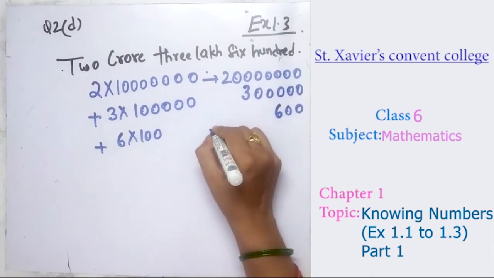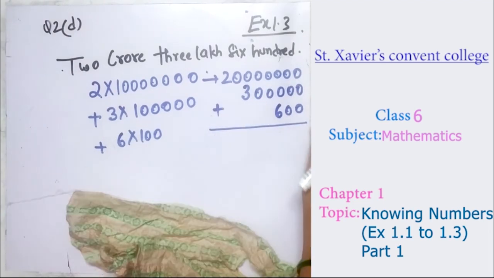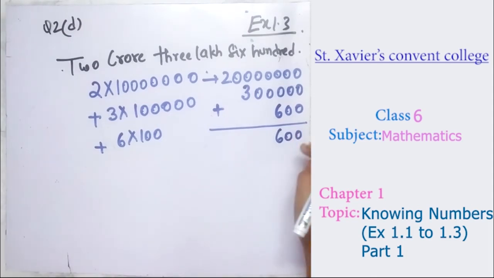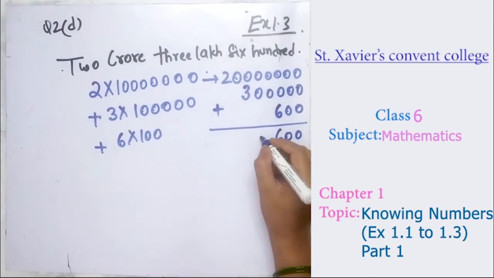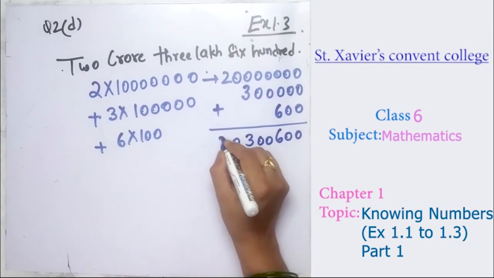Add them. Now it becomes 600, with double zeros.